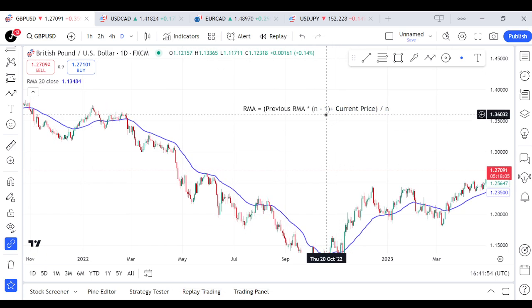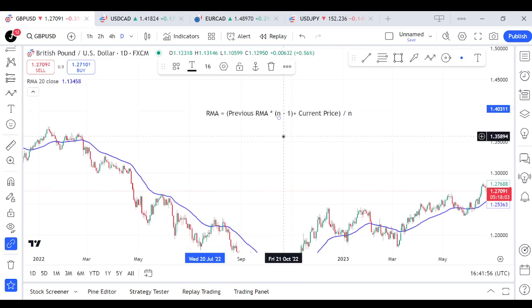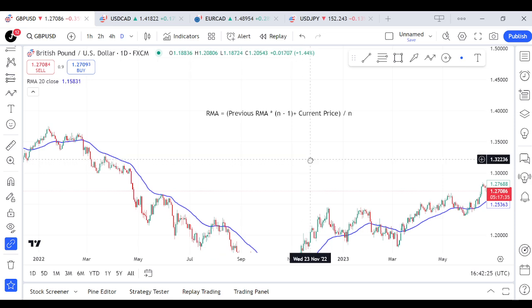And this is the calculation of the rolling moving average, where n is the number of periods, the previous RMA equals the RMA value from the previous period, and current price equals the most recent price data point. This recursive formula gives more weight to recent prices while still considering historical data, and the key difference lies in how it updates with each new price point.